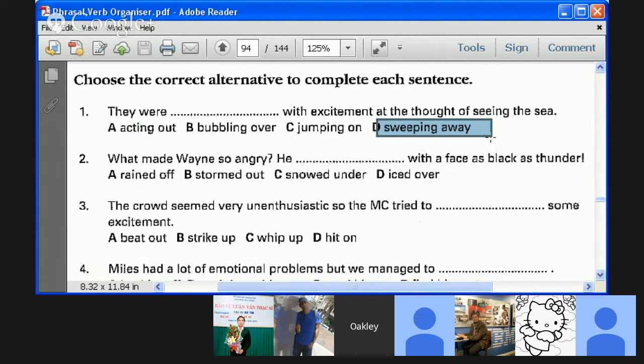To sweep is the verb you use for a broom when you clean the floor. You can sweep away something more abstract. Of course, you sweep away the dirt, but you can sweep away the bad feelings in a room by playing some happy music, for example. You commonly hear swept away. They were swept away.